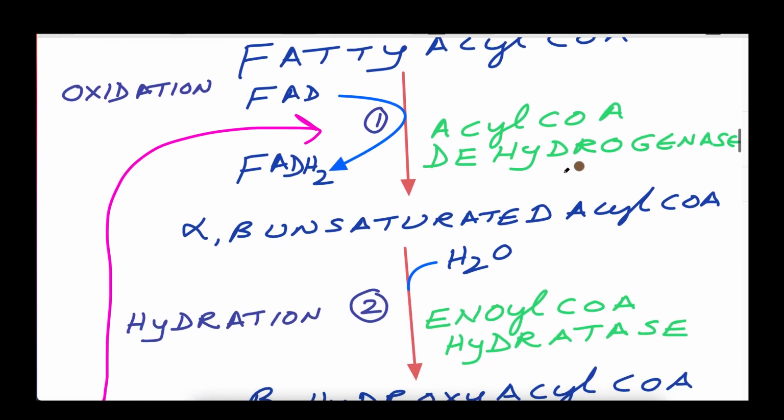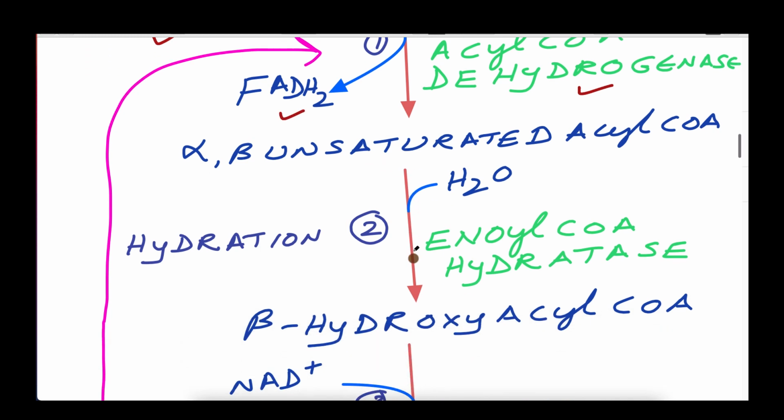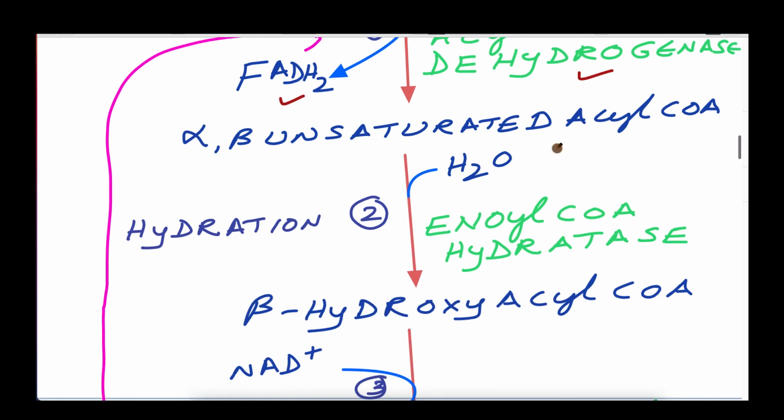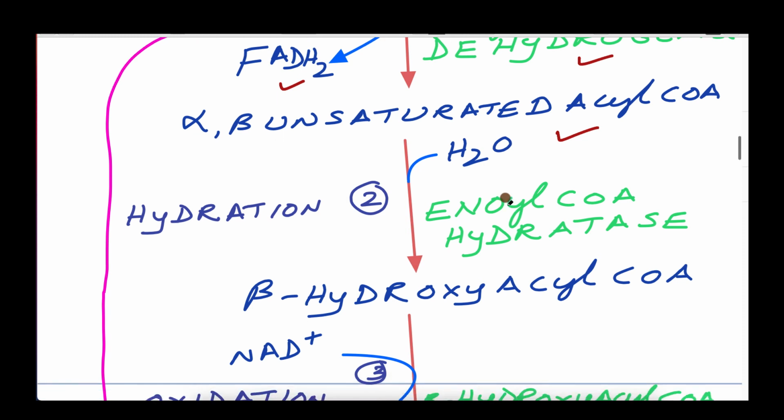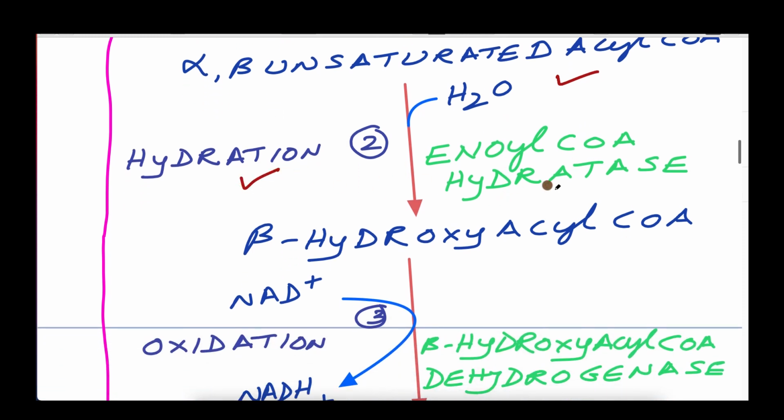The first reaction, catalyzed by acyl CoA dehydrogenase, is oxidation. FAD is converted to FADH2, leading to the formation of alpha beta unsaturated acyl coenzyme A. The second reaction, hydration, is catalyzed by enoyl CoA hydratase.